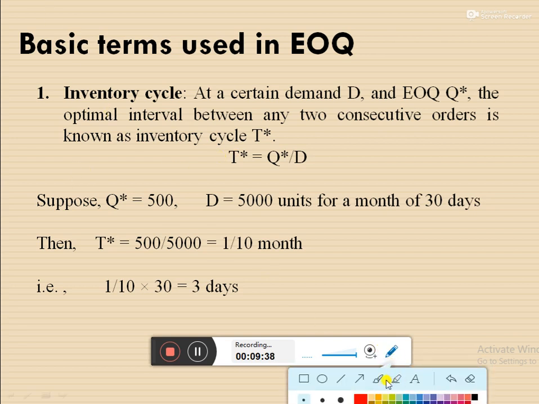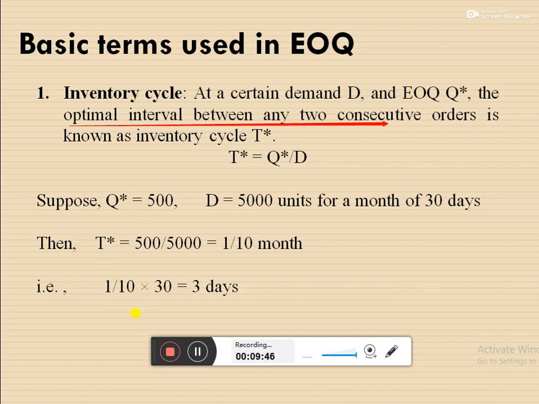The first one is the inventory cycle. The inventory cycle basically represents the optimal interval between two consecutive orders.